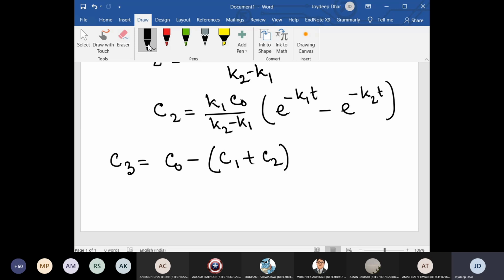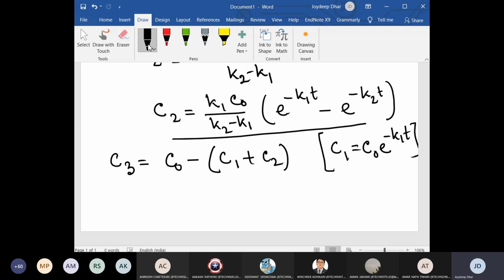C1 I already told, C1 will be equal to C0 into e to the power minus K1T, and C2 you can see in this form. So you have to substitute both, and finally you will get the concentration of product. Product is your C3.